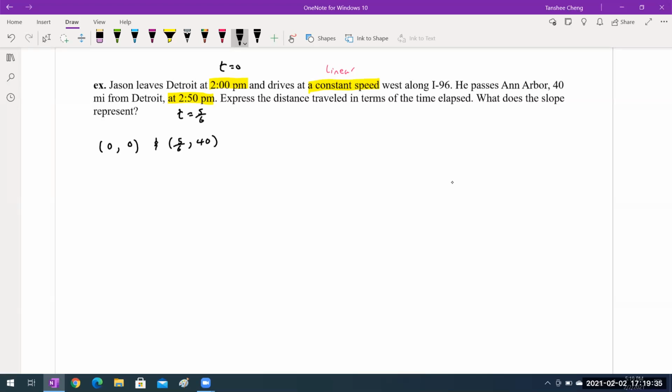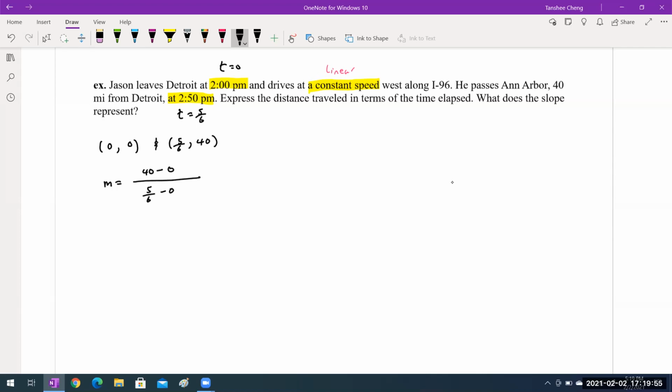This will allow us to get the slope. Because of the constant speed, this is a linear model, and then we can write the equation of the line. My slope in this case is y2 minus y1 over x2 minus x1.